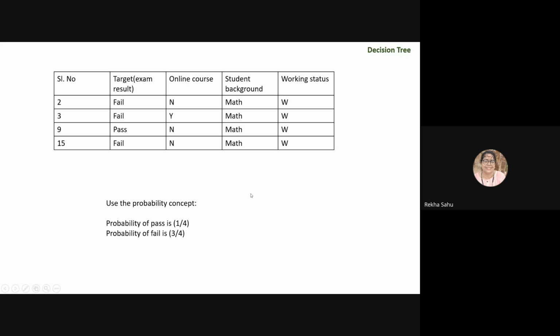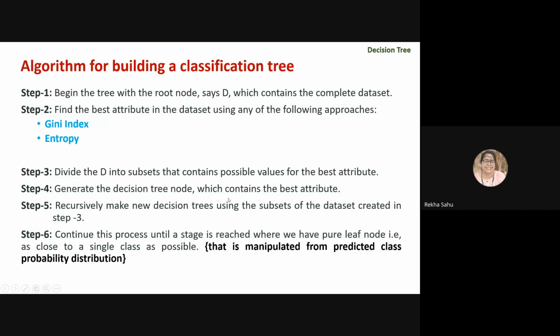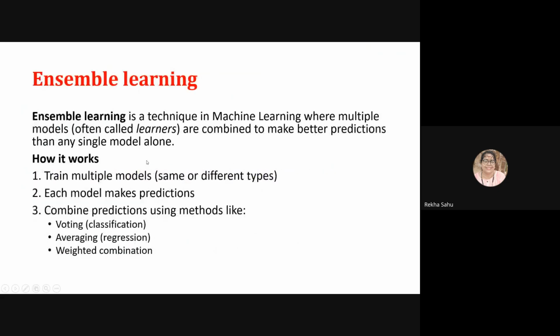But if the data set has 1,000 or lakhs or crores of records, it is very difficult to calculate the decision tree manually. In that case, you obviously use libraries and the computer system. So next, we'll go for the hands-on.